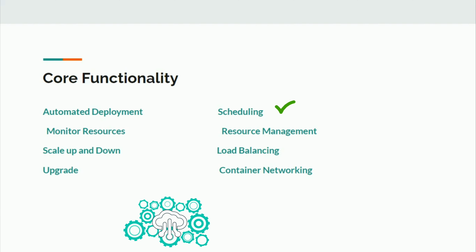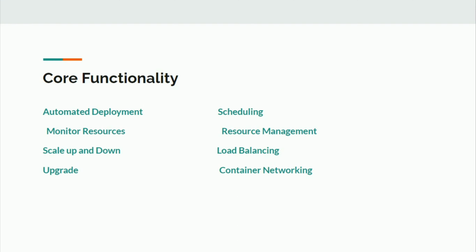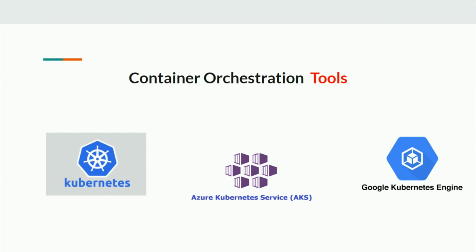In resource management, the container orchestration manages the resources according to the need and requirement, and in load balancing, according to the requests, it balances the load for proper functioning. This is how container orchestration works.